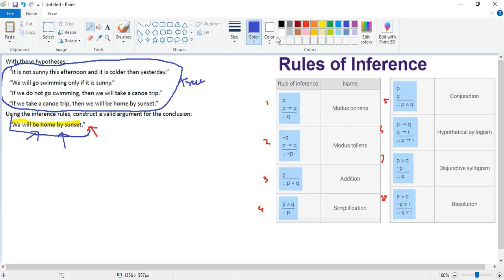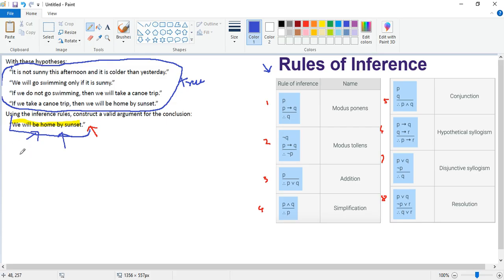Now, if the question is in the form of English sentences, then what you need to do is convert those into propositional variables and propositional statements, so that it looks like these, where you can apply the rules of inference. In this particular case, the first sentence says it is not sunny this afternoon, and it is colder than yesterday. When you choose your propositional variables, generally we choose the positives as the propositional variable.